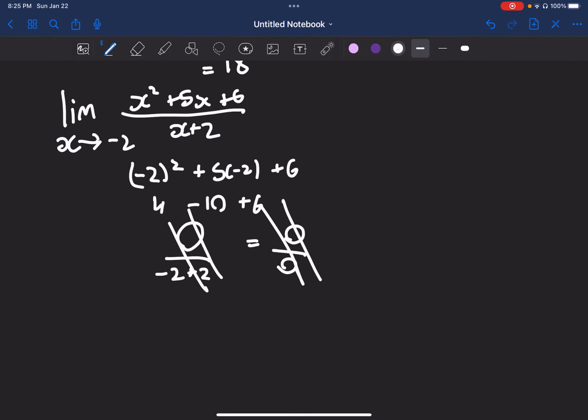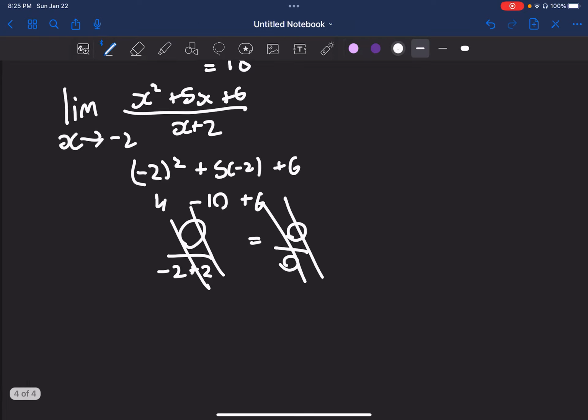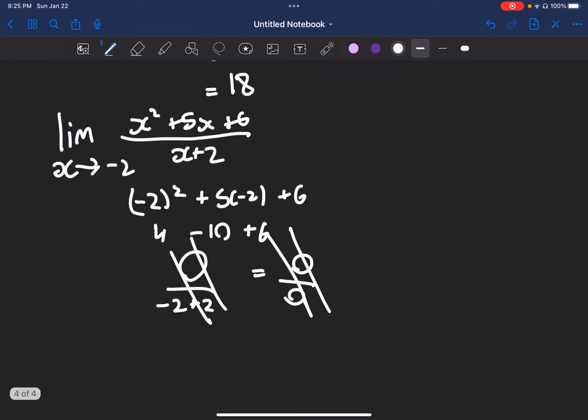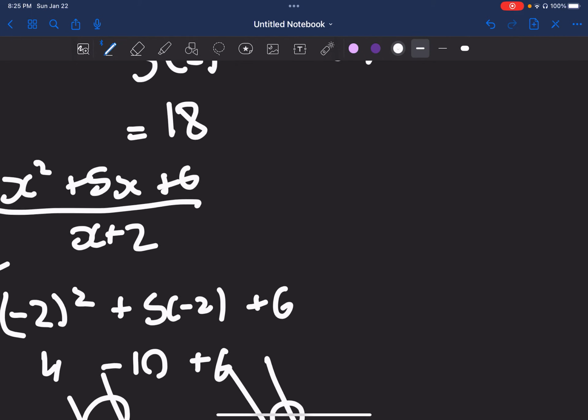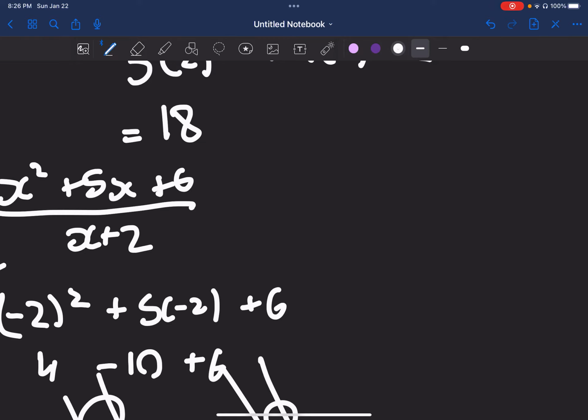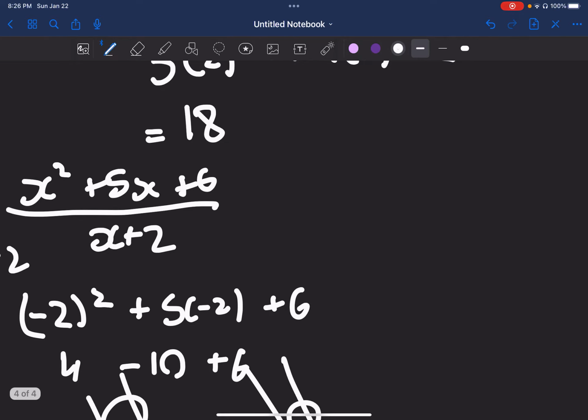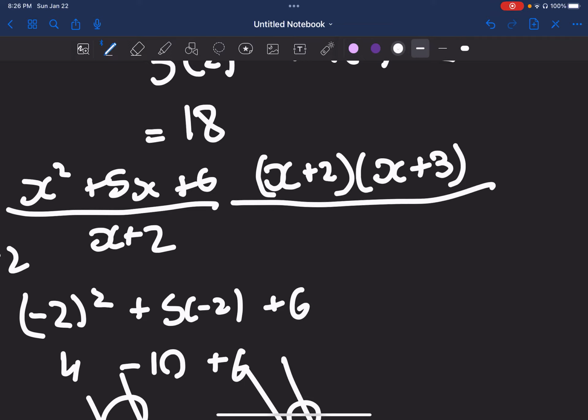Well, we have a quadratic on top, so we'll try to factor it. If we have x squared plus 5x plus 6, how could I factor this? Well, we could use the AC method. What two numbers multiply to 6 but add to 5? Well, that's 2 and 3. So we'll say x plus 2, x plus 3 over x plus 2.